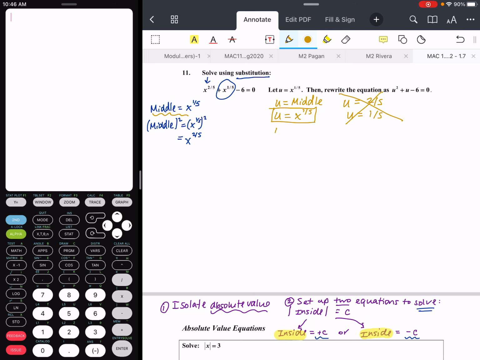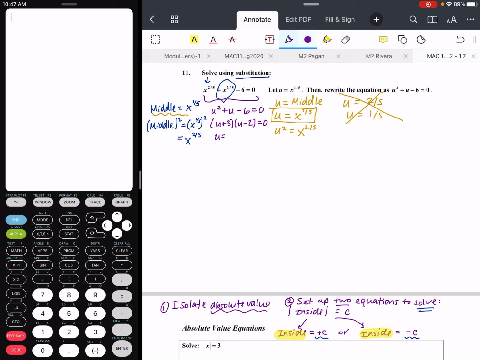And if I squared u, I would have x to the 1/5 squared, which would be x to the 2/5. All right, so I'm going to rewrite this equation in terms of u, where it says x to the 2/5, that's now u squared, plus x to the 1/5 is now plus u, and then minus 6 gives me 0. I'm going to factor u plus 3 times u minus 2 equals 0.